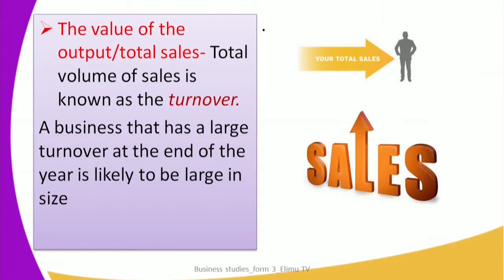Also note that, on the other hand, another business may be having a large capital invested with a large number of workers but producing goods of less value, and may end up with a comparatively smaller sales value and hence creating the wrong impression of its size.